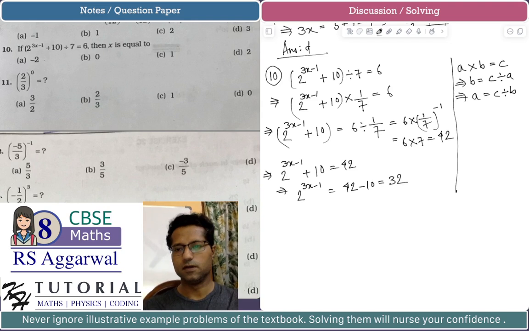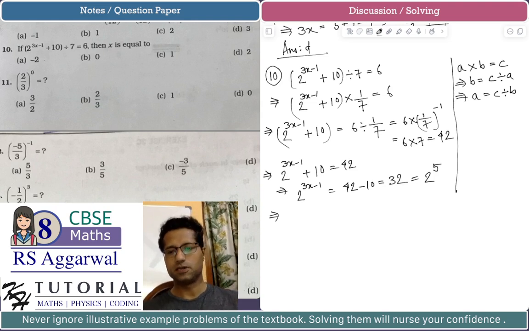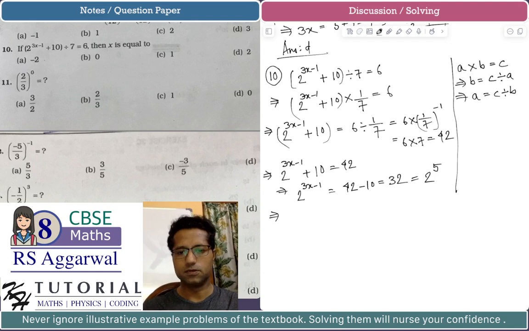So how do we convert the number 32 into the exponential form so that it will have base 2, because on the left hand side the base of the exponential term is 2? I know that 32 is nothing but 2 to the power 5. So now we have 2 to the power 3x minus 1 is equal to 2 to the power 5. The bases are the same, so I will equate the powers.